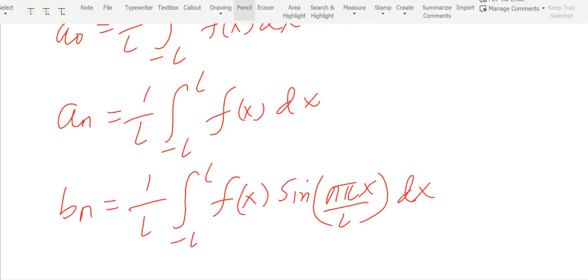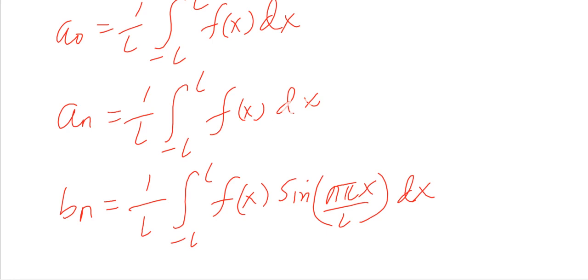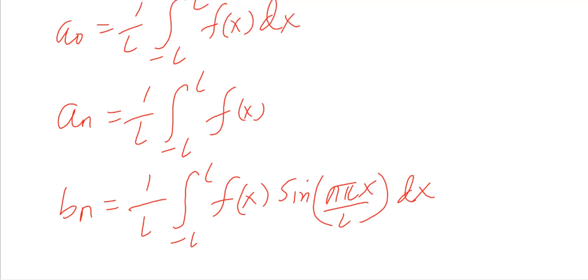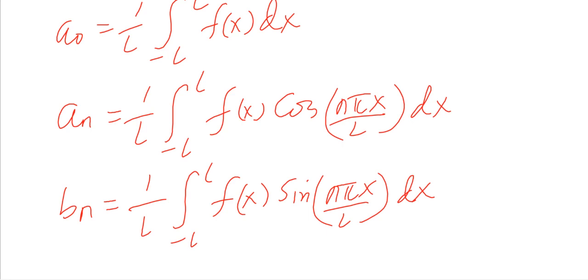There is an error somewhere. This one is not that. It should be cosine of n pi x over L for an, integrated with respect to x. These are the Fourier coefficients. Now we want to consider a special case where f of x is even.